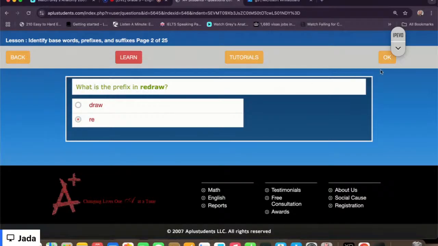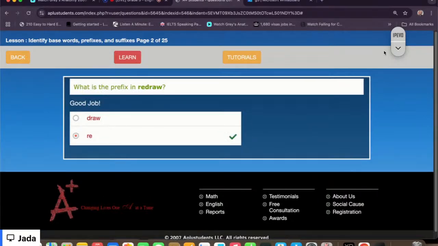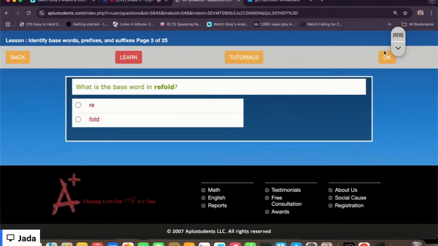All right, so prefix will be re because it comes at the beginning. Okay. So what is the base word in refold? What would the base word be in refold?